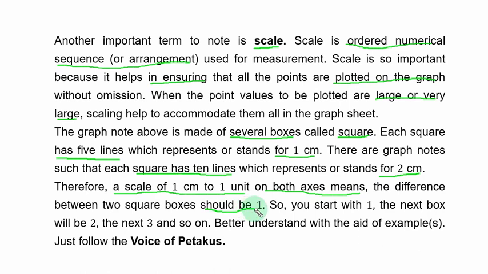So you start with 1, the next box will be 2, the next is 3, and so on. Better understand with the aid of examples. So you follow the voice of Petakus as we journey together in teaching and learning algebraic graph.